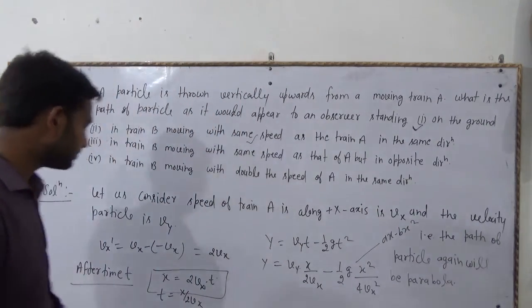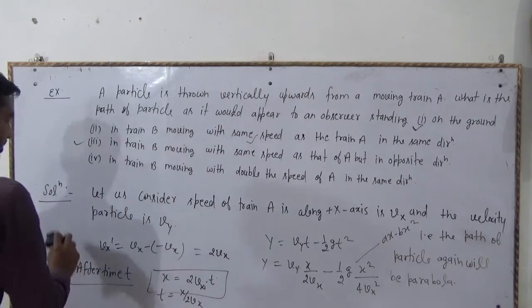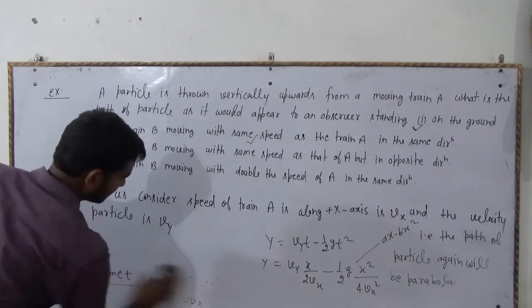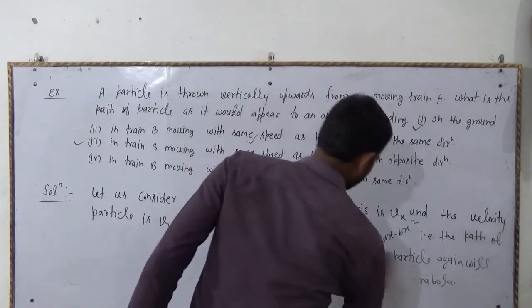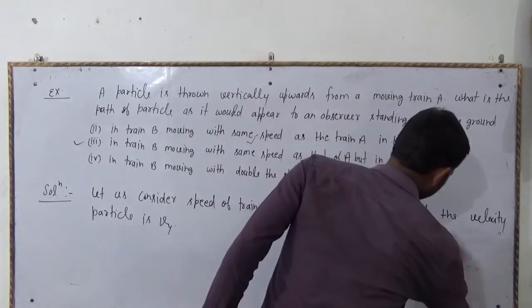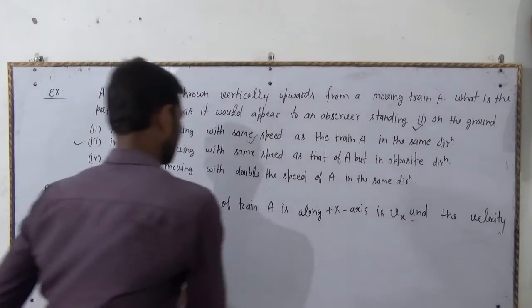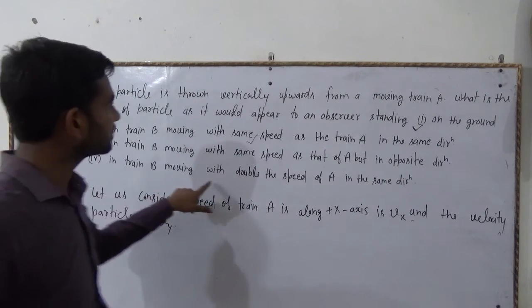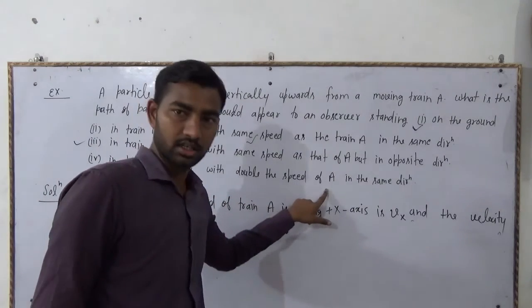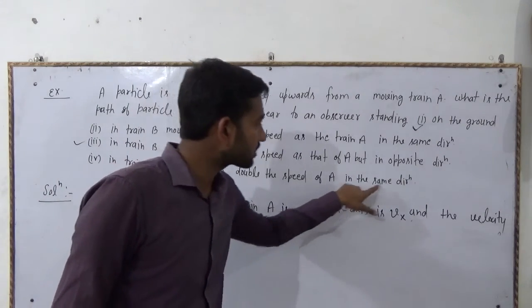Now we will continue to our last step and see the solution and the path of the particle under this condition. Condition 4 is train B moving with double the speed of train A in the same direction.